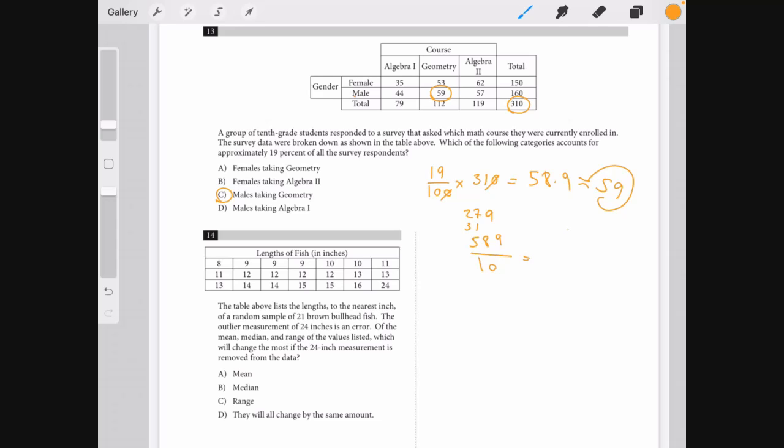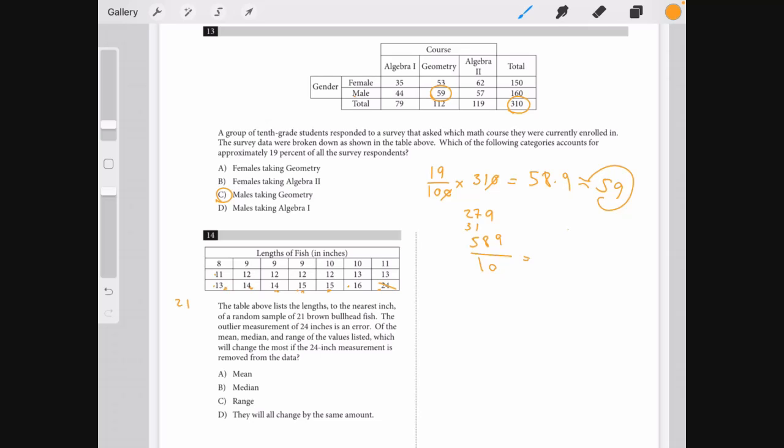All right, so if we remove 24-inch, okay, so first of all, let's count how many data are there. So definitely the average will change, right? On the other hand, let's see if the median changes, okay? The median here before removing is, so first of all, we have 1, 2, 3, 4, 5, 6, 7, 1, 2, 3. 21 data.